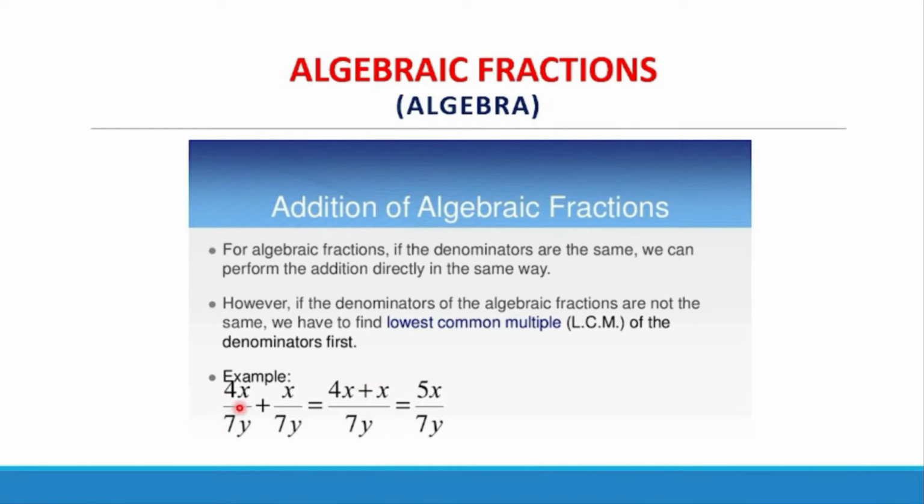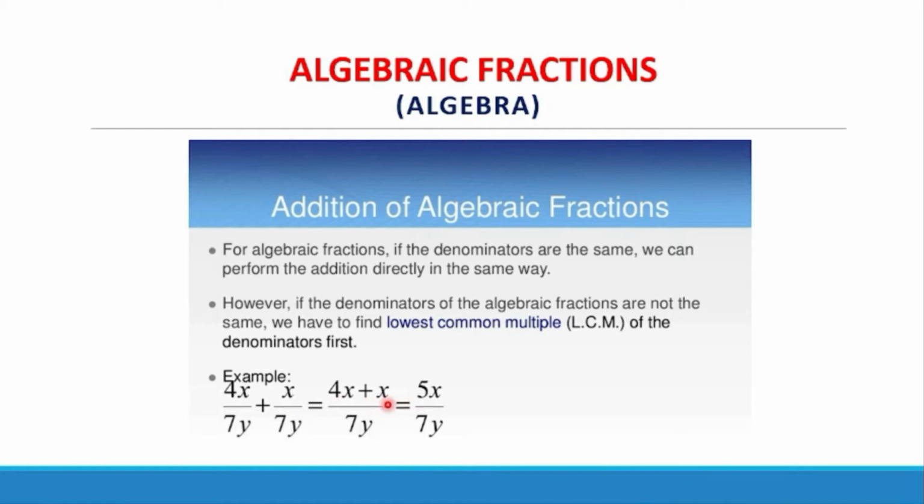For example, 4x all over 7y plus x over 7y. The first denominator is 7y and the second denominator is also 7y, so the LCM is 7y. 7y all over 7y is 1, multiplied by 4x, or 4x, plus 7y all over 7y is 1, multiplied by x.